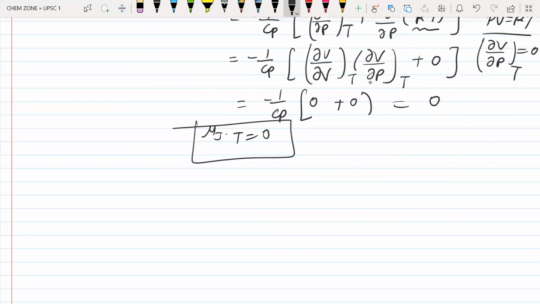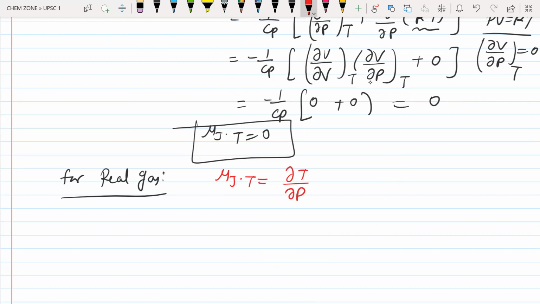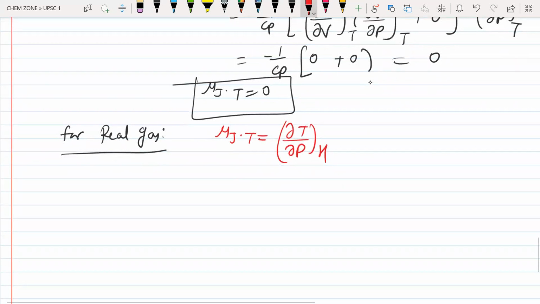Now, if we are talking about a real gas, three important results we can get. We know that mu JT will be the rate of change of temperature with respect to pressure during isenthalpic process. We know that for Joule Thomson experiment, pressure is decreasing. We can say that delta P will be negative always. Now discuss few cases. Case 1.